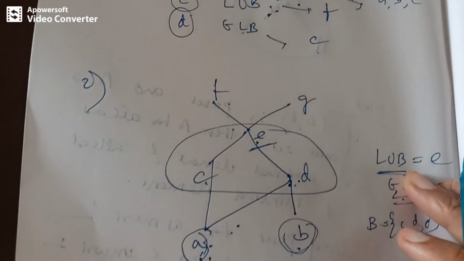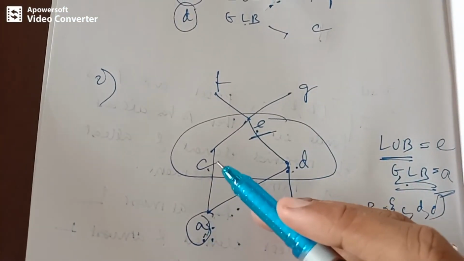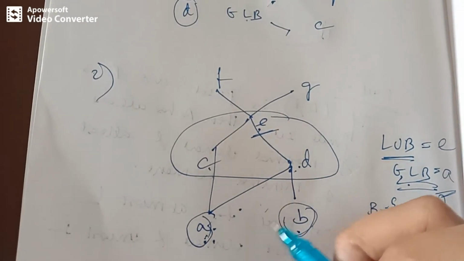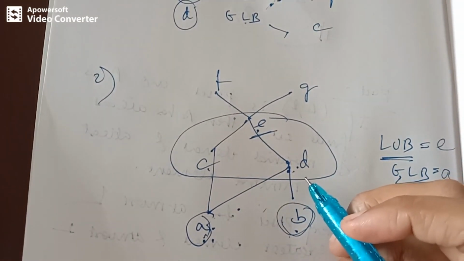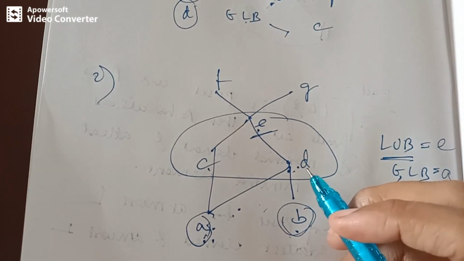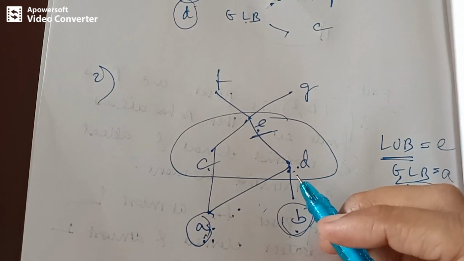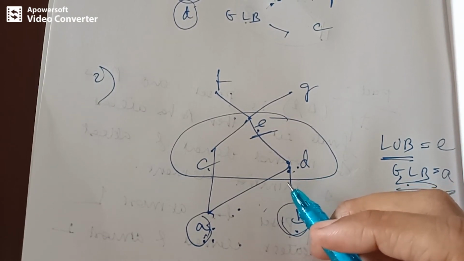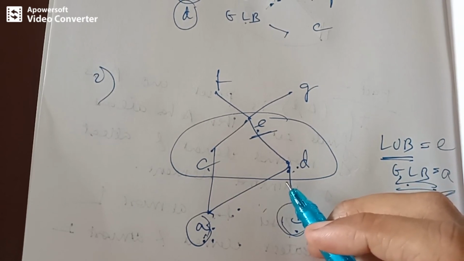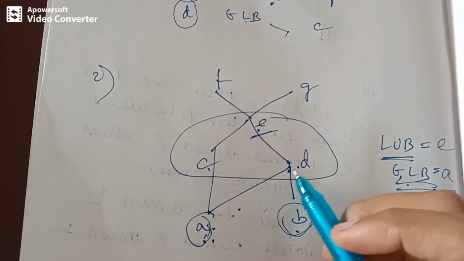So, for example, here B is related to D and A is related to C and A is related to D, right? So, according to the definition of greatest lower bound, for a particular subset, we can select that as a lower bound of B if other elements are related to it.